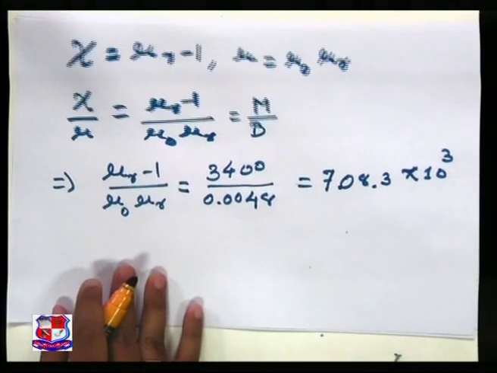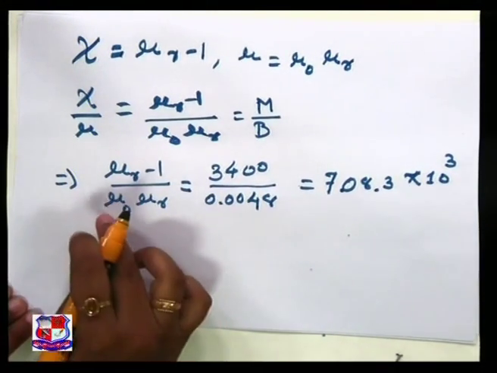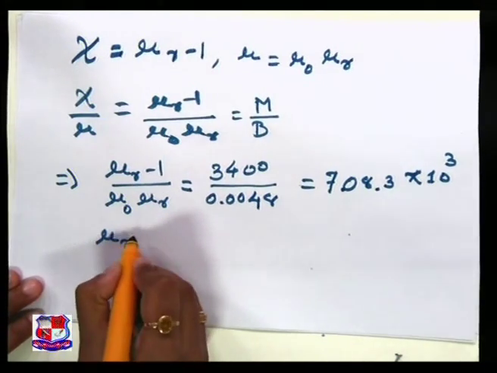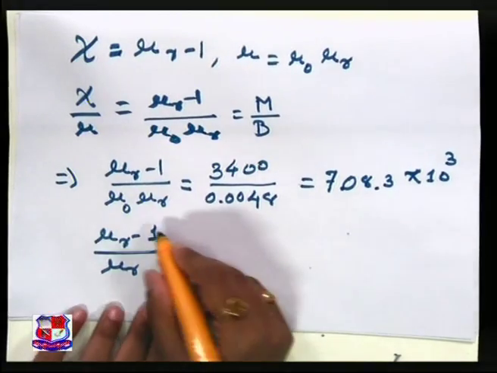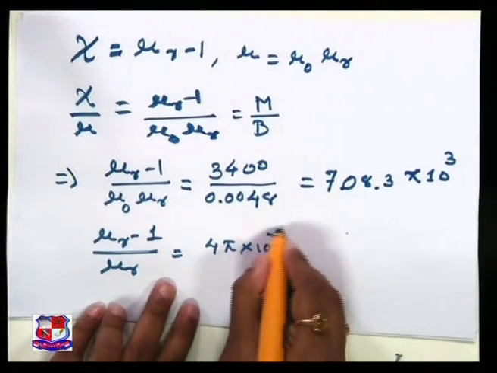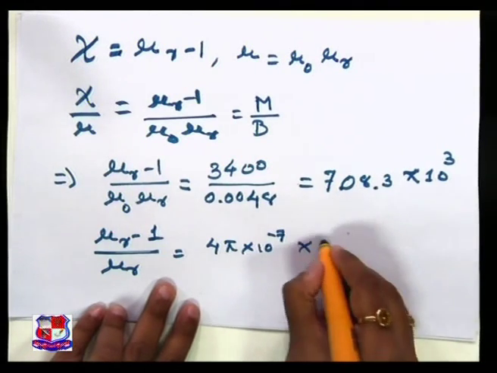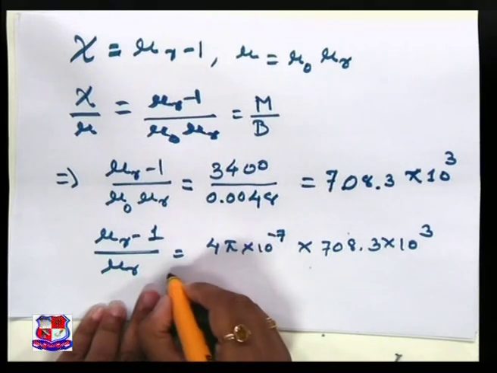This is the ratio. Now using this mu 0 value, we can further go for the answer. It is actually 4 pi into 10 raised to minus 7 into this 708.3 into 10 raised to 3. Now what is the answer?